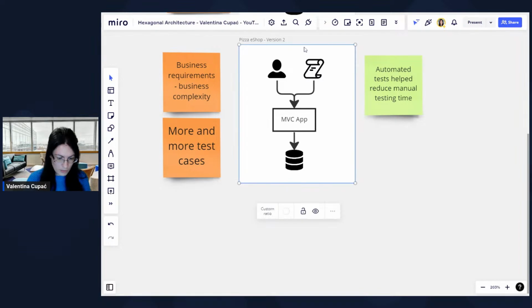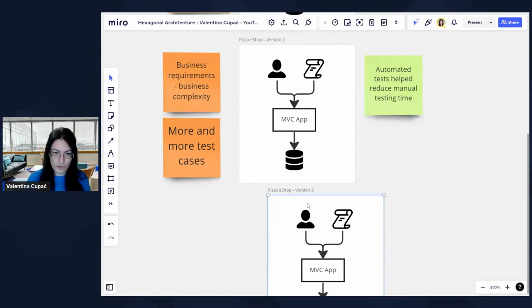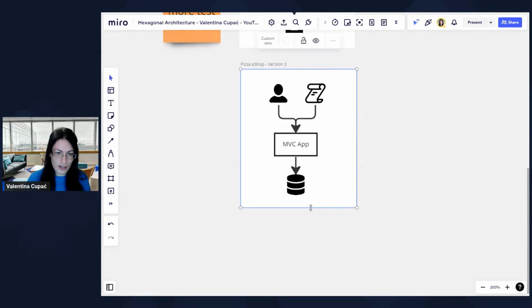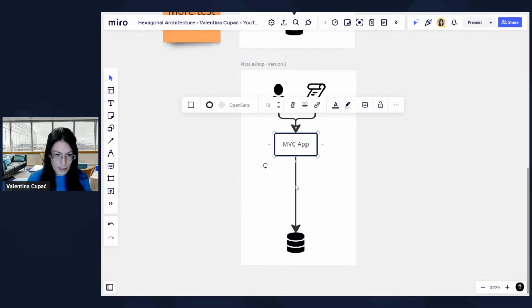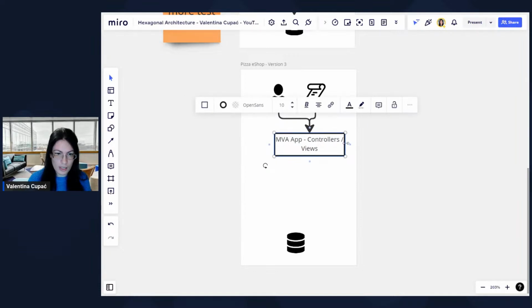This is when the team realizes that perhaps they should move to the standard 3-layer architecture, whereby they're going to have essentially the MVC app. So they're going to have some kind of views, controllers, views. This is the part that's handling the whole UI part.